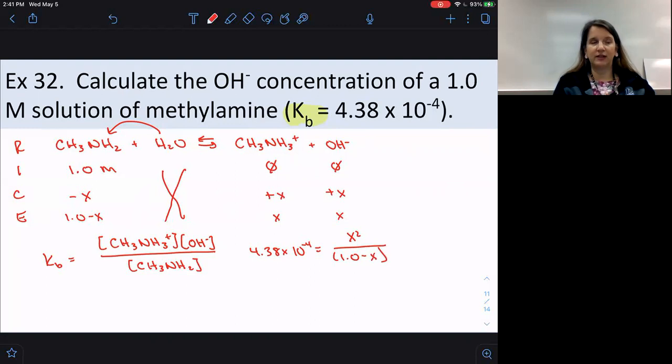Since the x's are not raised to the same power, that minus x is negligible. So that means 4.38 times 10 to the negative 4 is equal to x squared. When we multiply that by 1, we go ahead and take the square root of both of those. So square root of 4.38 times 10 to the negative 4 is going to be 0.021.